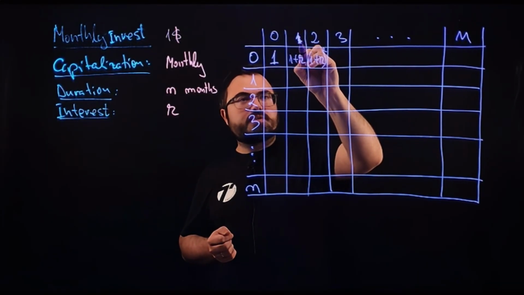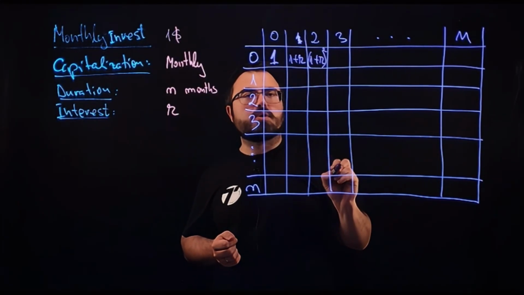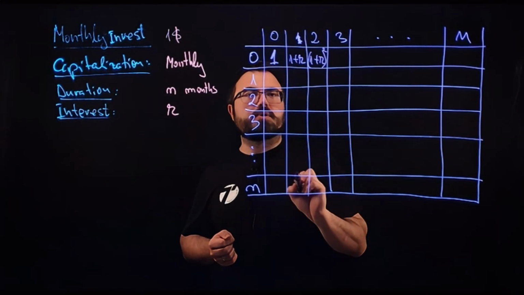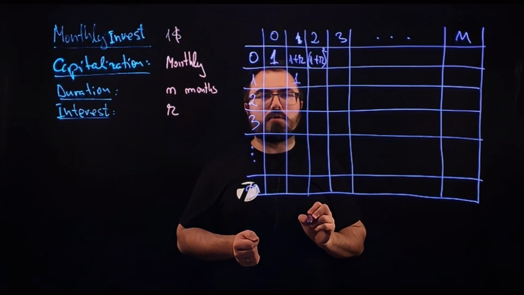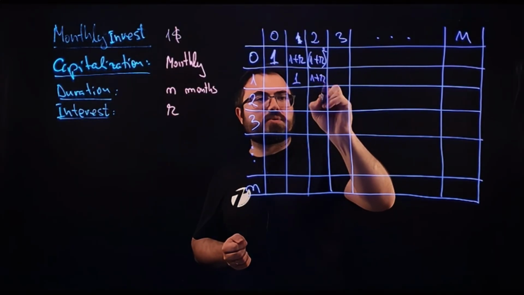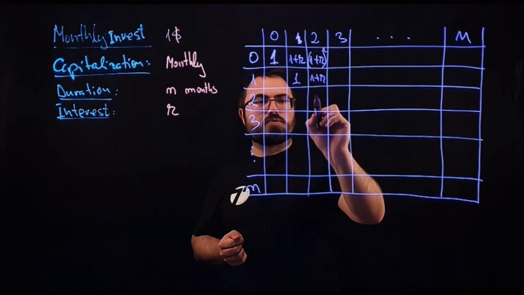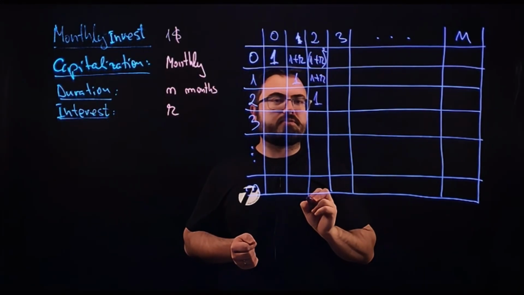But also in the first month, when this initial $1 has just increased to 1 plus R, you make another deposit. So you have 1 over here. In the second month, this will be 1 plus R. And also, you have your investment that corresponds to the second month of investment.